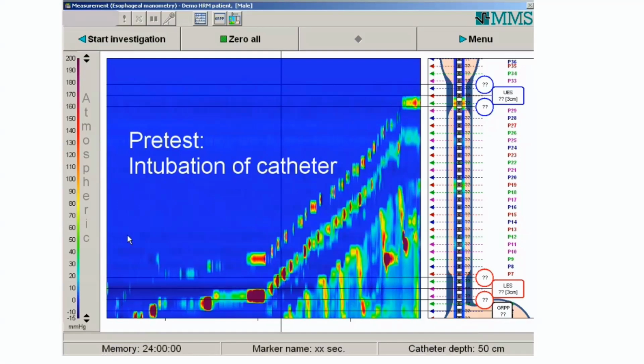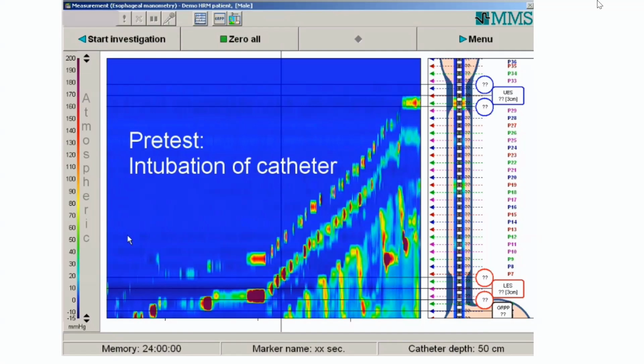At the same time, I ask the nurse to go down, down, down, and I give the patient water to drink during the insertion, because this helps the catheter pass through the UES. Once the patient starts drinking, the UES will open and the catheter will go down. Once I see the catheter at 35, I ask the patient to stop drinking.